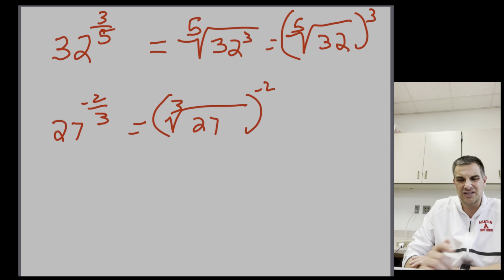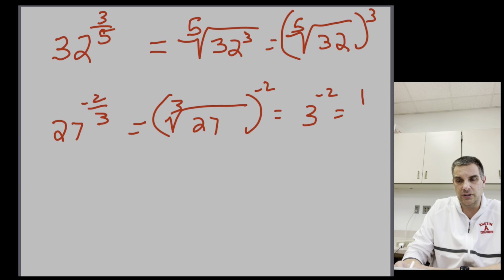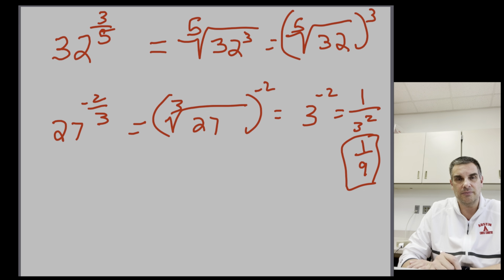If we could solve this a little bit more, the cubed root of 27 is 3. So we've got 3 to the negative 2nd. Remember, we don't like negative exponents. What do we do when we get negative exponents? We move them to the denominator. So this, in fact, is actually just equal to 1/9. Okay.